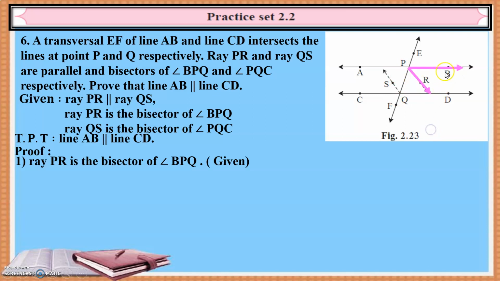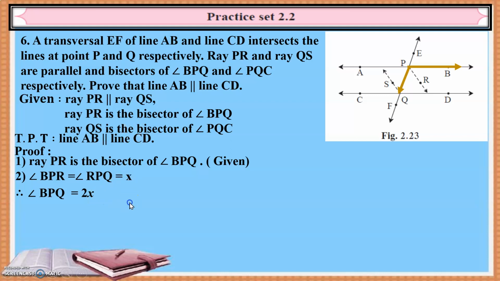We will have BPR congruent to RPQ, the pink and the blue angles, and we will assume them to be X. So angle BPR is equal to angle RPQ equal to X. So what will happen to BPQ? Angle BPQ will be equal to 2X.